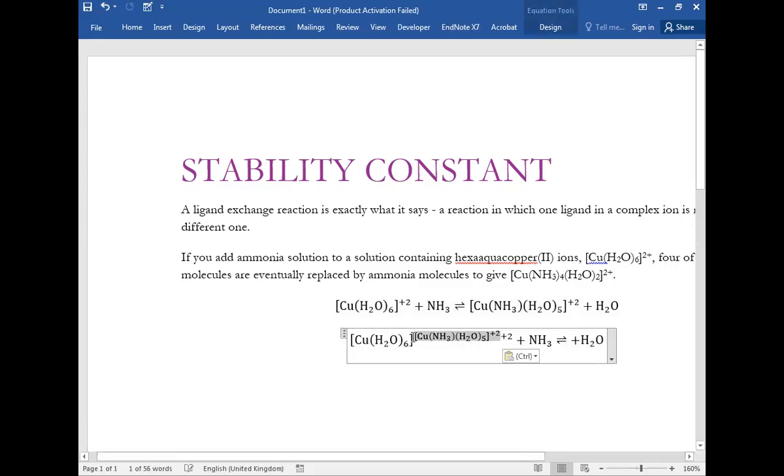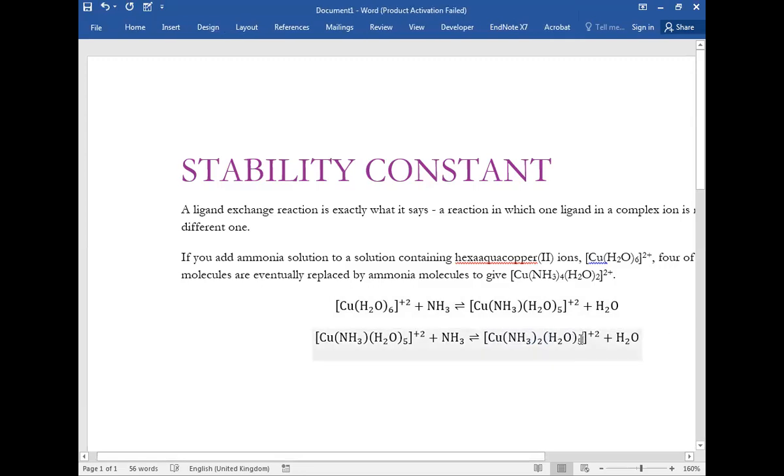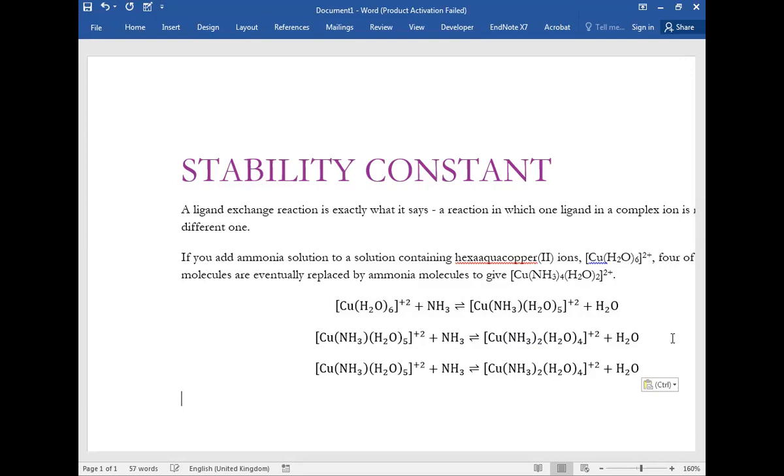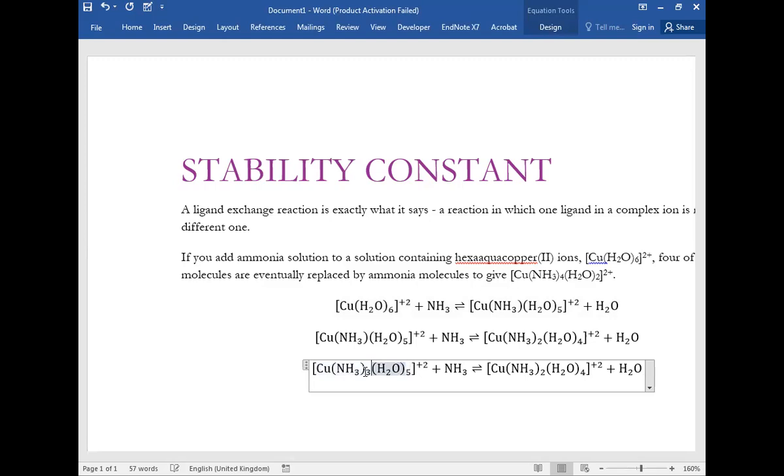Observe what is happening. The second ammonia replaces, and we are left with 4 water ligands. Then another ammonia replaces the water, making 3 ammonia and 3 water.